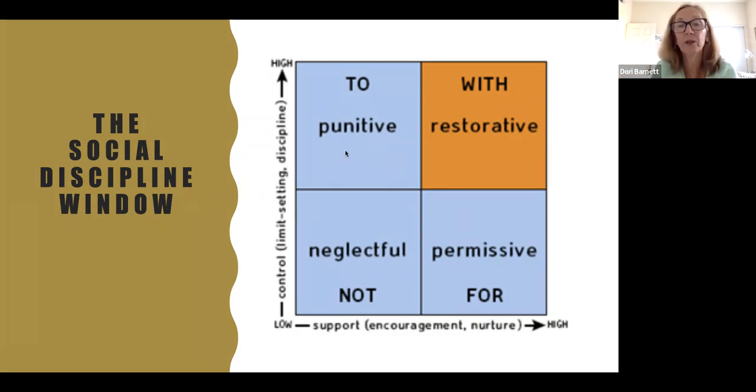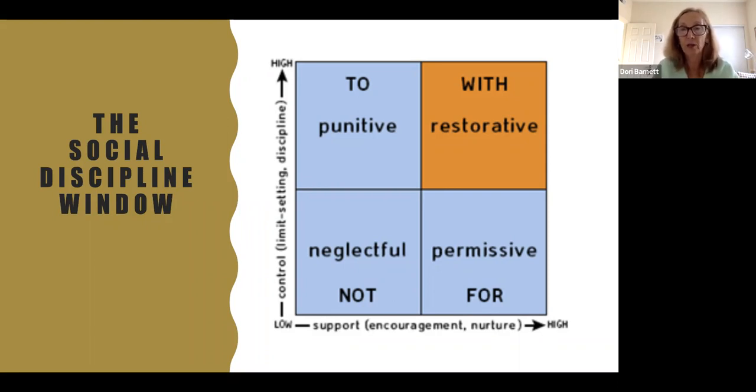The window is created from the intersection of two axes. The first axis, the horizontal one, both going from low to high, talks about a continuum of encouragement, or support.